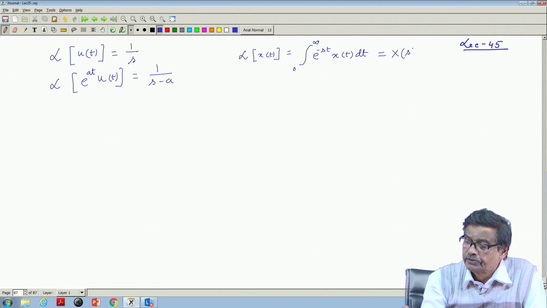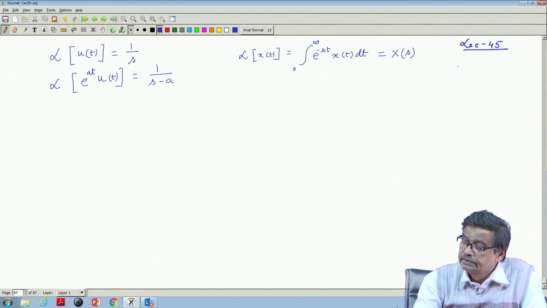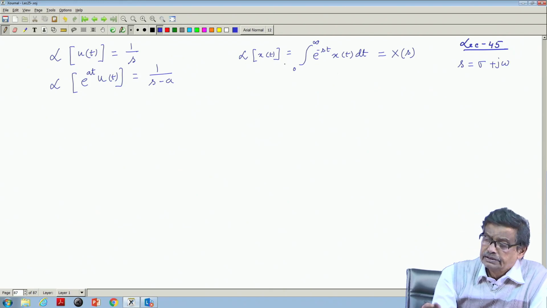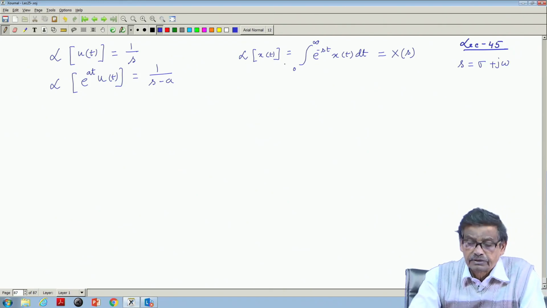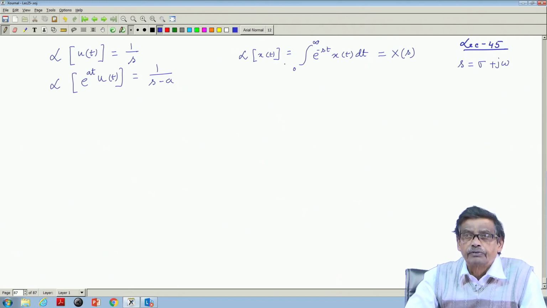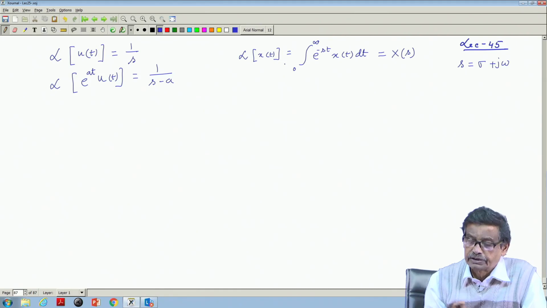It will be a function of s, where s is a complex number sigma plus j omega. Putting in these values and integrating, we got the Laplace transforms of some useful functions.